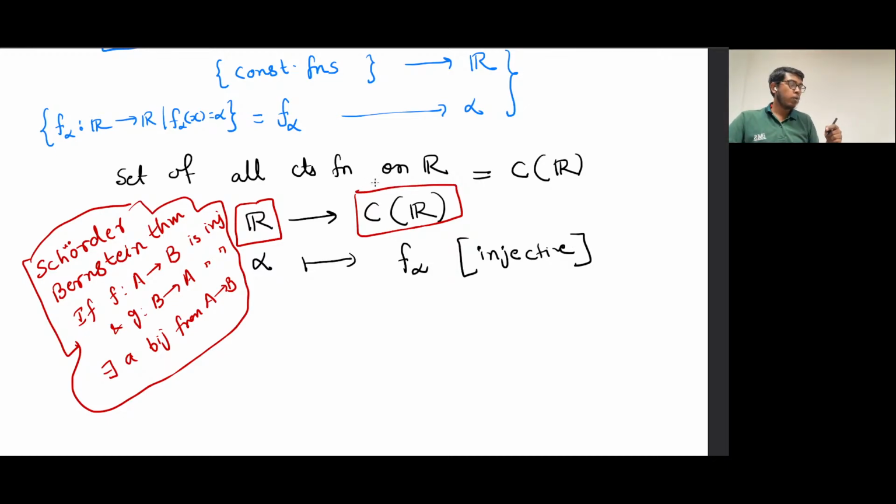Now I have to find an injective function from CR to R.